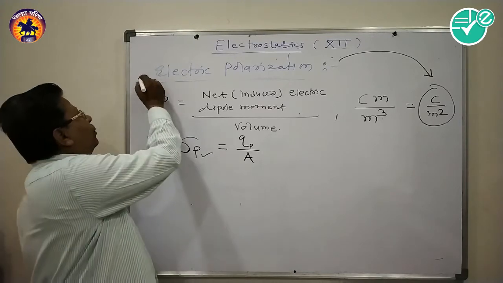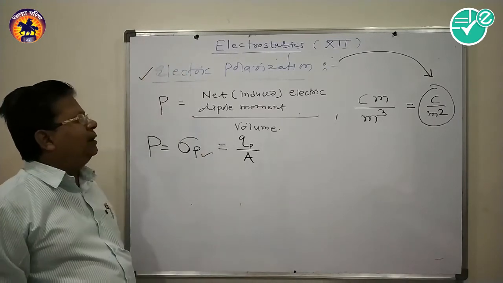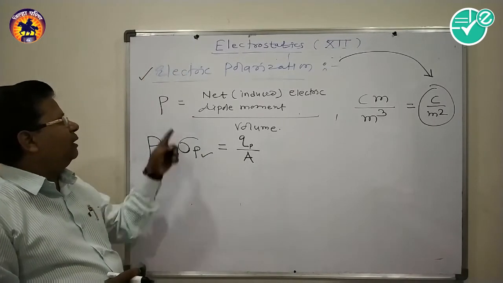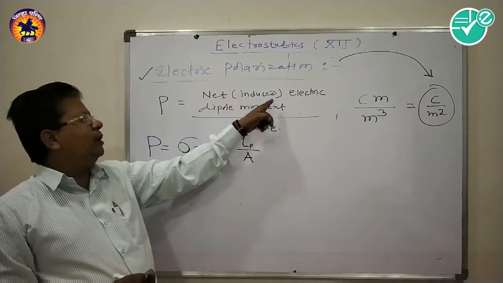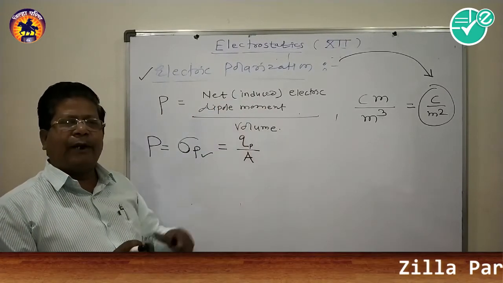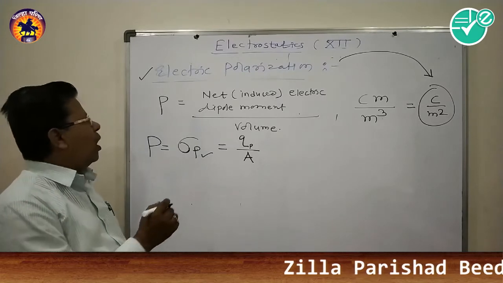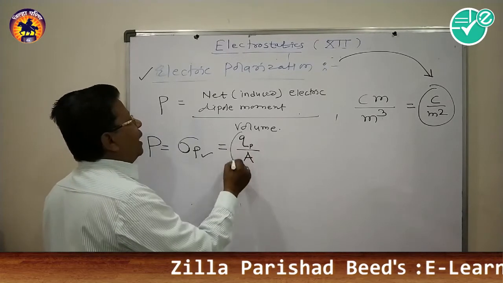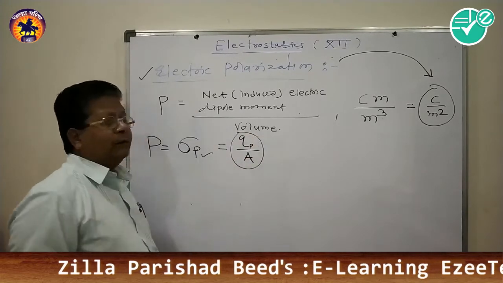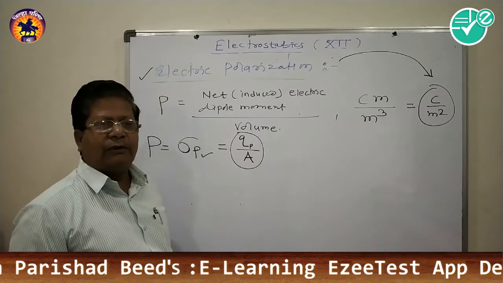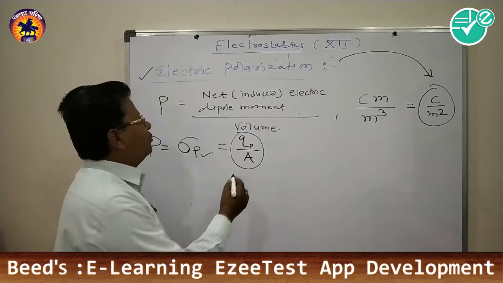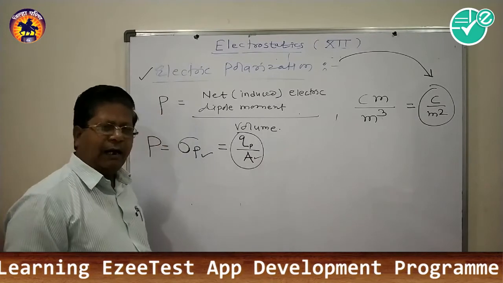So electric polarization can be defined in three manners. One is net or induced electric dipole moment per unit volume, or it can be defined as the polarization charge or induced electric charge per unit area.